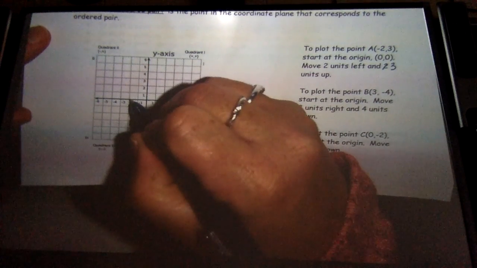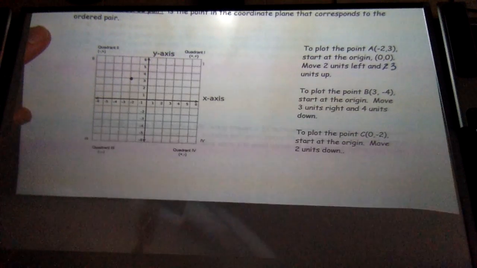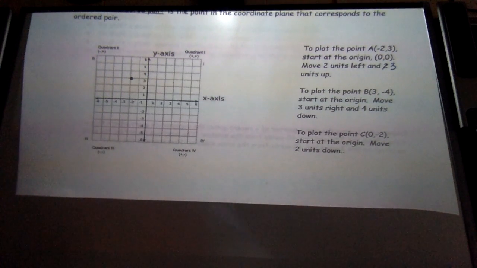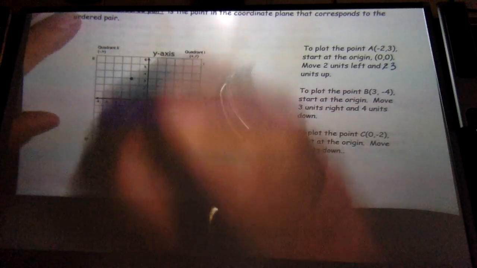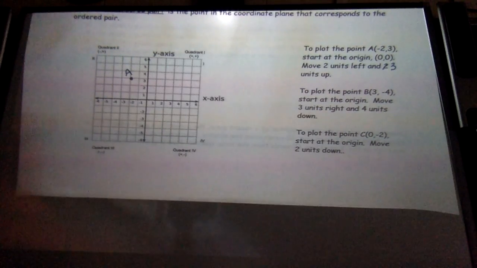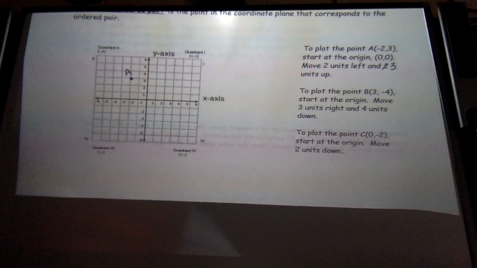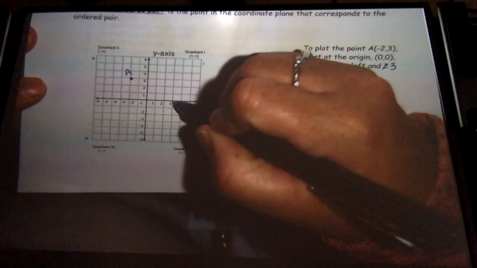So left 2, 3 units up. That's point A, and we're going to label it A on our graph. Then to plot point B, that's (3, -4). That means I go right 3, down 4.